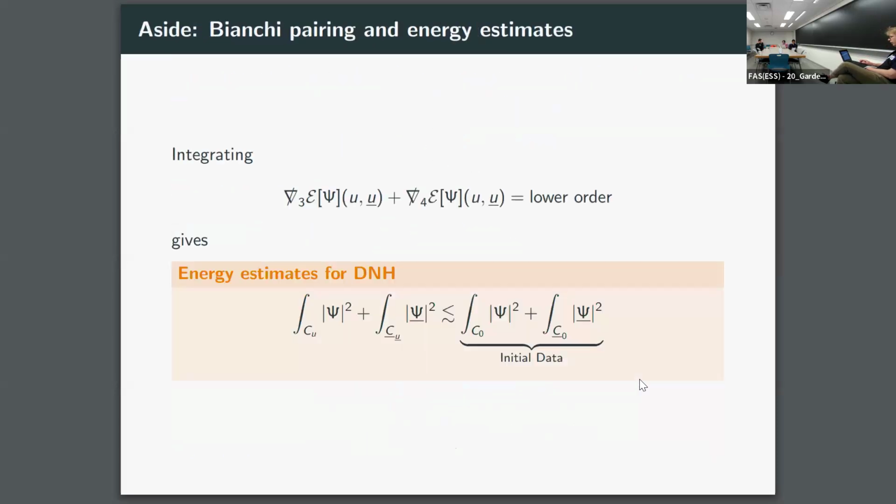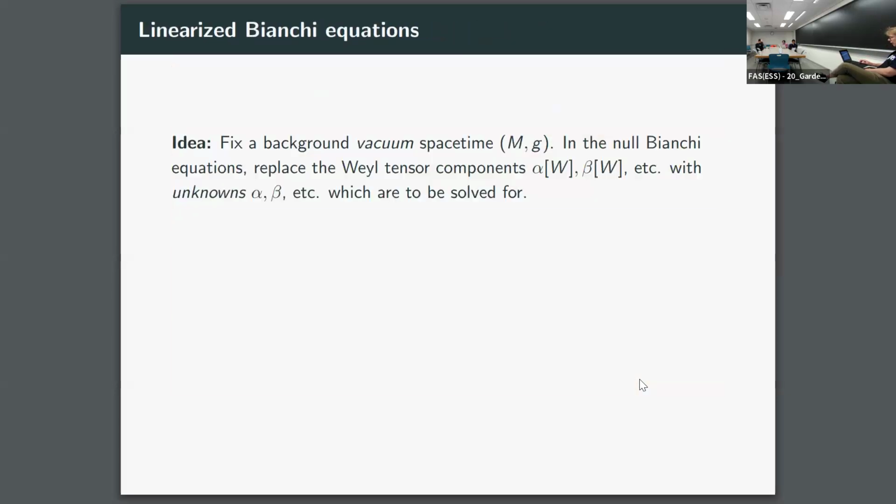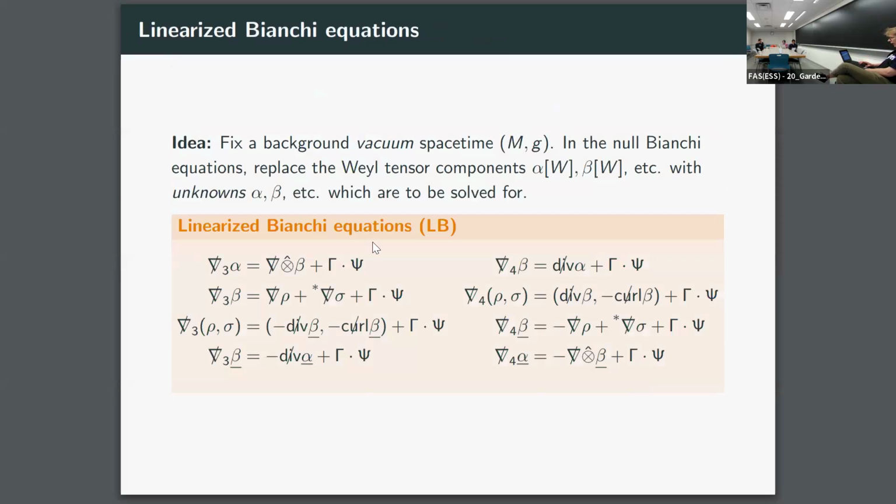I want to do that for all of the equations: anytime a Weyl tensor component appears in the Bianchi equations, I replace it with an unknown. And so this is my system of linearized Bianchi equations. This gamma dot psi on the right-hand side is just a loose notation for the general lower order terms.